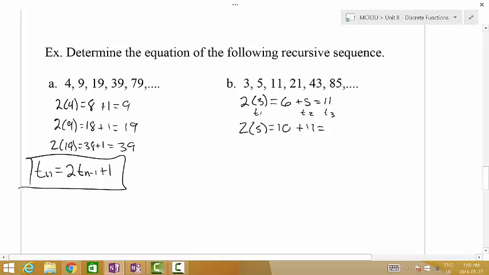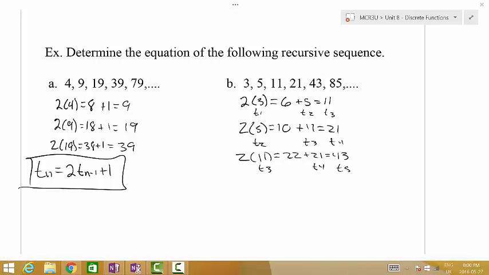Plus 11 gives us 21. So that is T2. That is T3. That is T4. Seems like it works. Let's try it one more time. 2 times 11 gives us 22. Plus 21 gives us 43. So that is T3, T4, and T5.